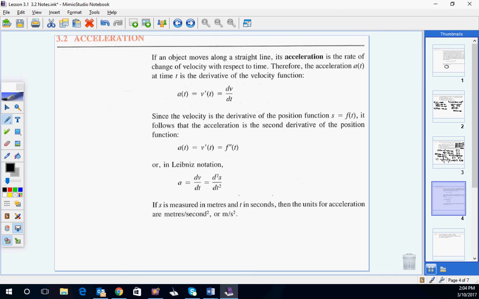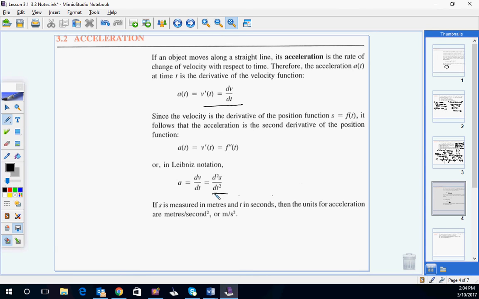Acceleration. So instead of velocity, now we're talking about acceleration. Acceleration is the second derivative. That's why we have higher derivatives. Okay, so we know velocity is the first derivative. We define acceleration as the derivative of the velocity, which is the second derivative.